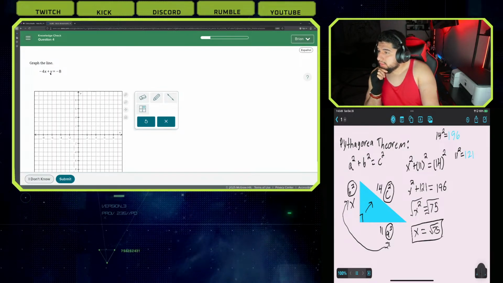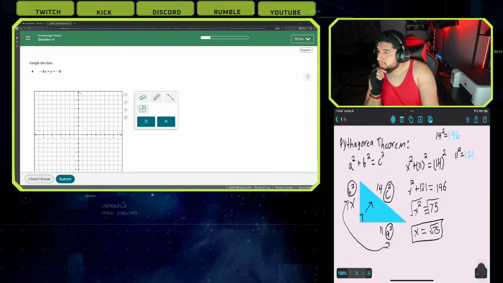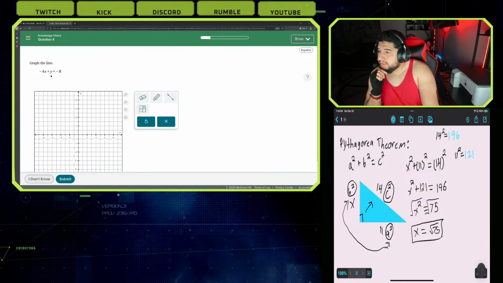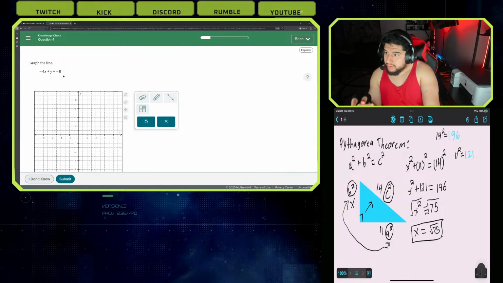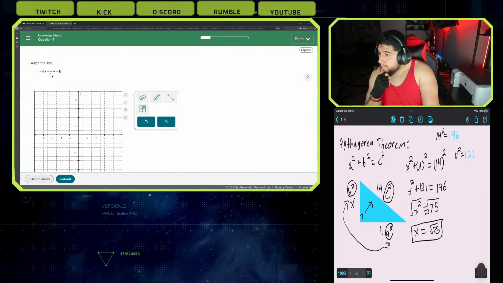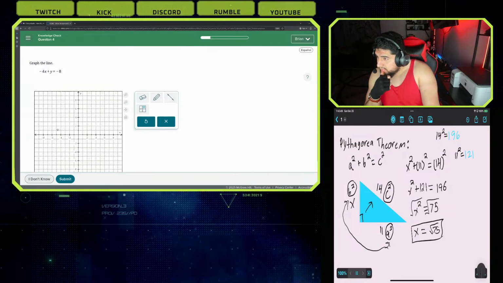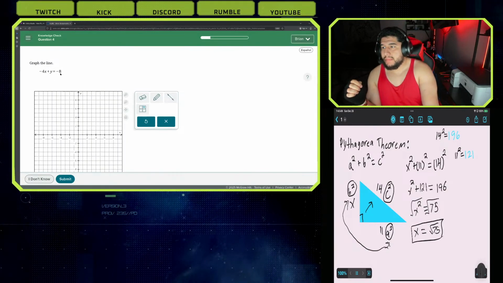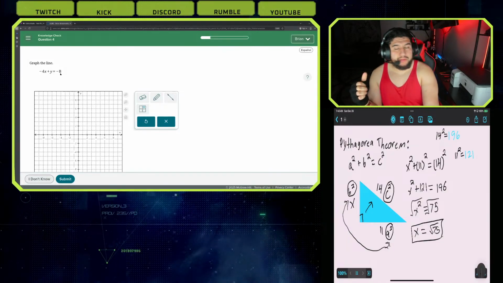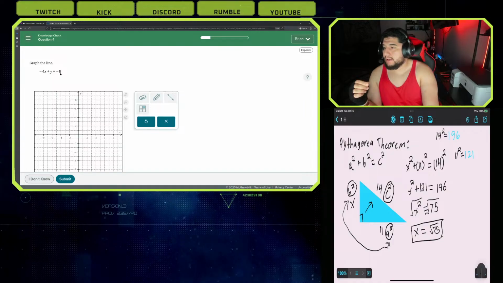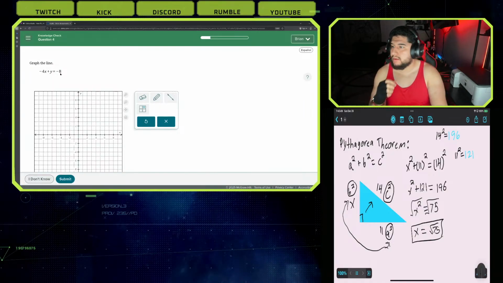Graph the line. Yeah, we haven't done this one either. I know what to do, but I don't know. I shouldn't have done the Pythagorean theorem one either. I shouldn't have done that knowledge check. That way we could do it together.